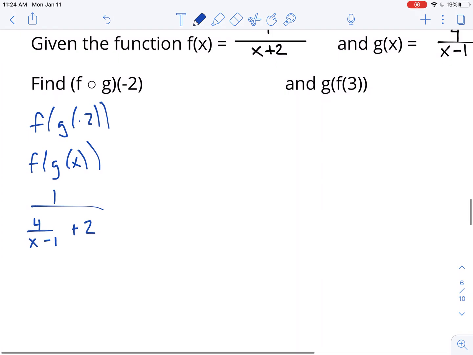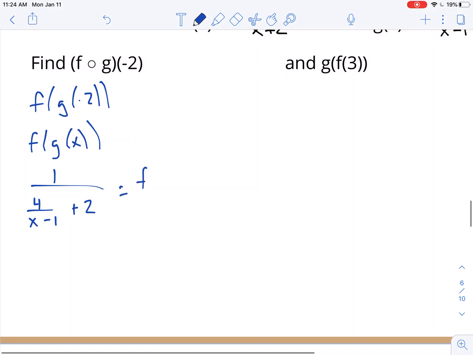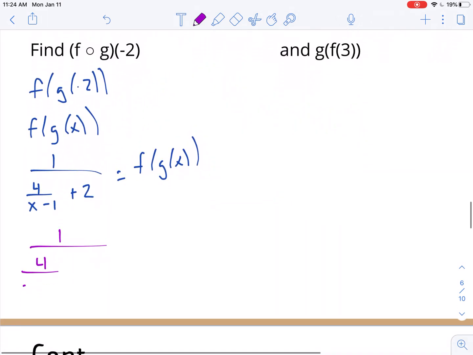Now that I have what f of g of x is, I'll go ahead and say, all right, I've got 1 over 4 over negative 2 minus 1 plus 2.